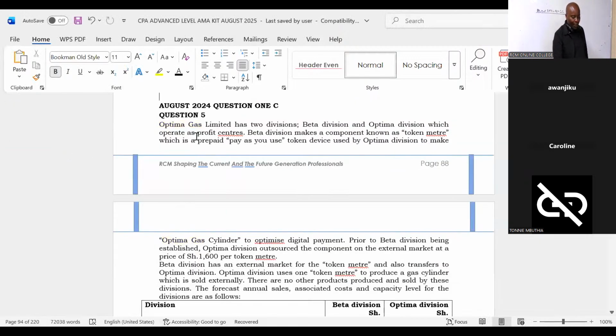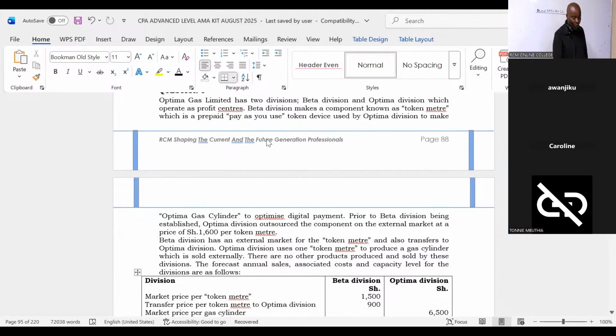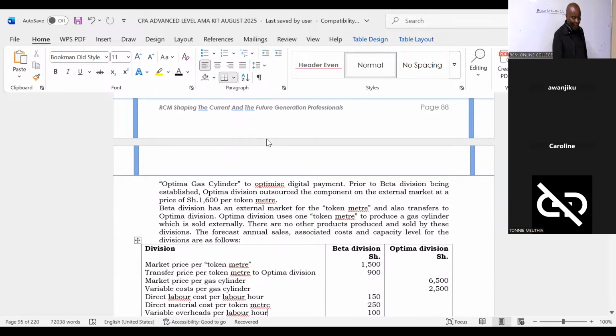Optima Gas Limited has 2 divisions, Beta Division and Optima Division, which operate as profit centers. Beta Division makes a component known as a token meter, which is a prepaid pay-as-you-use token device used by Optima Division to make Optima gas cylinders.